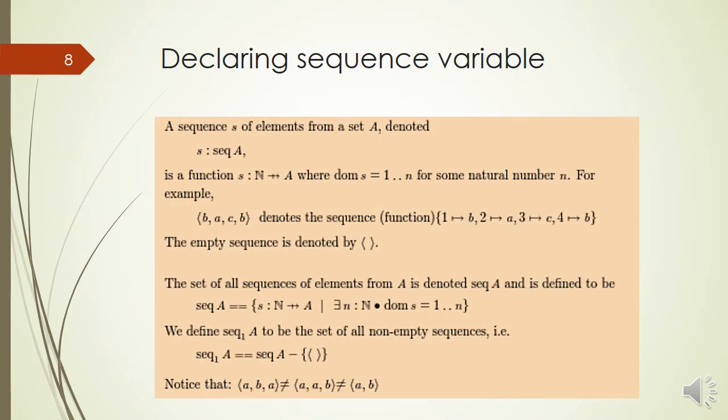We have constructed the sequence data type in the previous slide. So sequence A is basically the set of all possible sequences which can be constructed through set A. Now we can declare a sequence variable on the sequence data type.